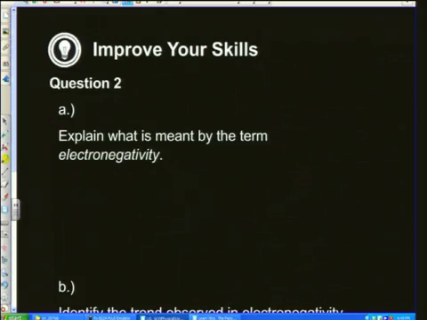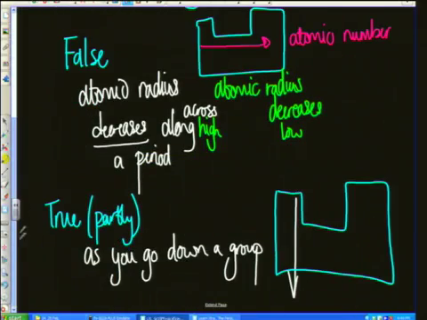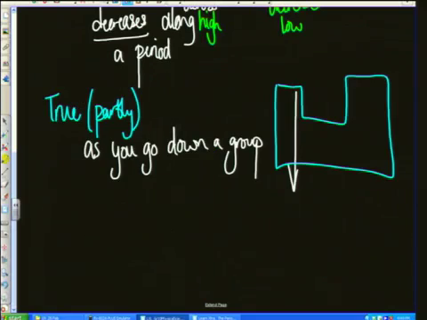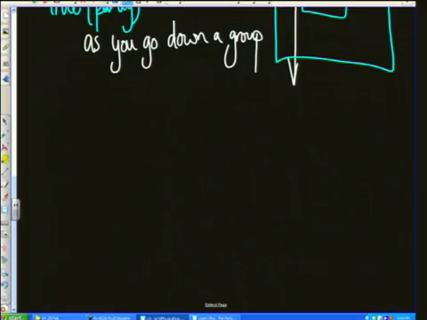So as you go down the group, sorry, let's go back to this one.